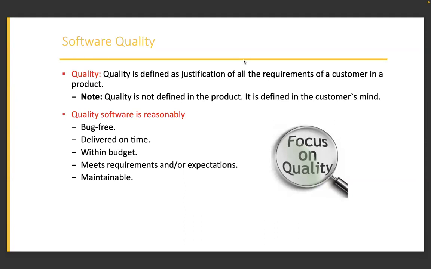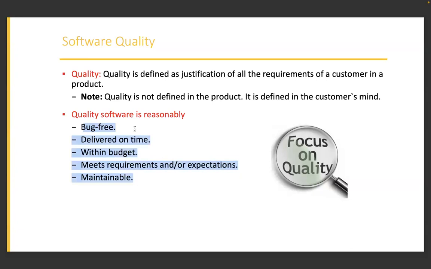If yes, then it means that whatever we have spoken about holds: whether the product is bug free, yes. Whether it is delivered on time, yes. Is it within budget? Yes. Is it meeting the requirements or expectations? Yes. Maintainable. And even more points will be there, guys, whenever we are talking about quality software. So these many features we try to make sure we provide to our end customer and client.